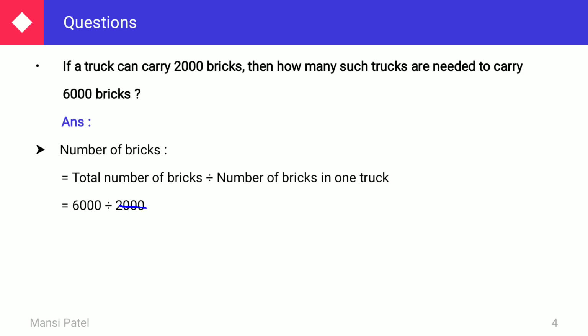Just cancel the zeros in 2000 and in 6000. And here, instead of number of bricks, you have to write down number of trucks.